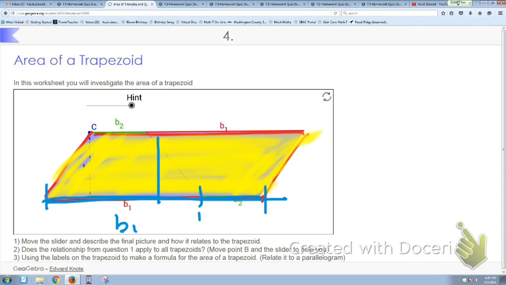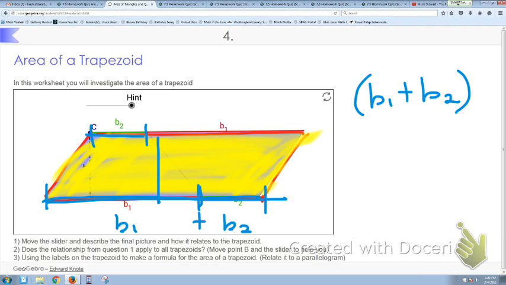Base 1 plus this base distance of base 2. Whenever you're working with a trapezoid, you're going to be working with two different lengths of bases, from here to here and from here to here. So the formula starts with us adding the two bases together, base 1 plus base 2. That's where the formula starts. We're not done yet, but that's what we always do first.